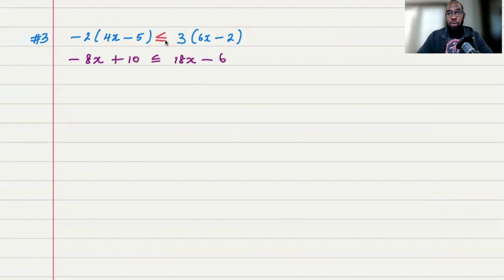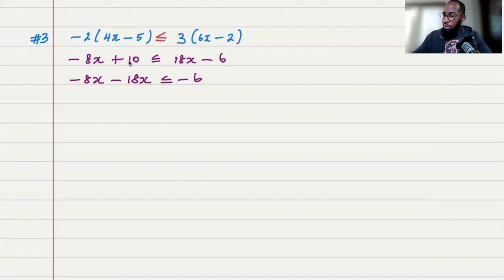So we want all x's on one side, all numbers on the other side. If I want to get rid of 18x, I minus 18x here to become 0. I have to minus 18x on this side too. Write down my negative 6 first. If I want to get rid of 10, I minus 10.